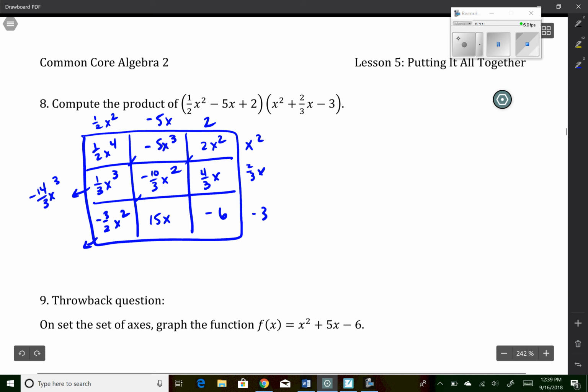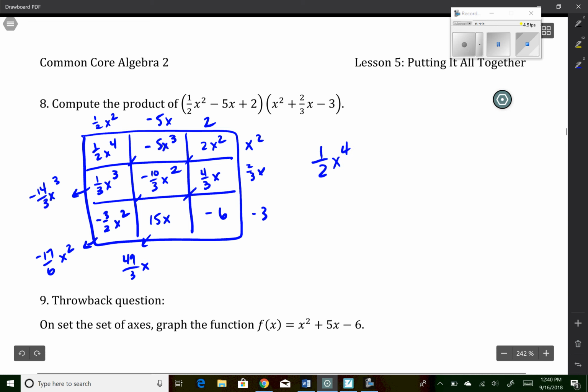Same thing's going to happen for these three like terms. However you do it, you're going to get negative 17/6 x squared. And the last one here, we're going to get 49/3 x. Some funky fractions, but nothing we can't handle, especially because we're allowed to use that calculator.